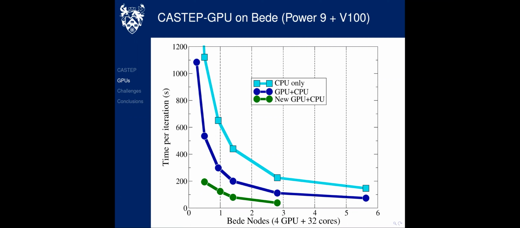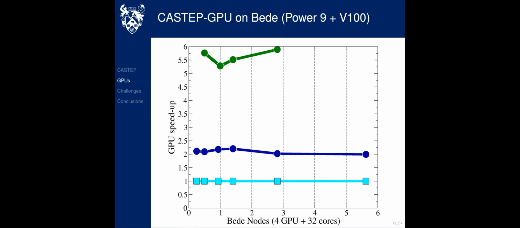And I apologize that I haven't had time to run this at 6 nodes yet. That would have been the perfect icing on the cake. Now, it's quite hard to see from this exactly what speed up we get. So let's take the ratio of these GPU times to the CPU time and look at the speed up. And if we do that, we see that, of course, the CPU has a speed up of 1 because that's the reference.